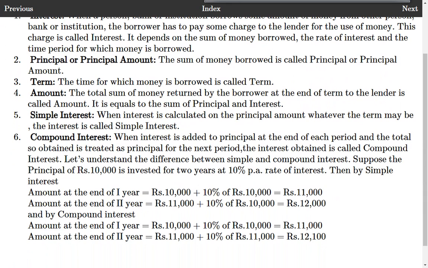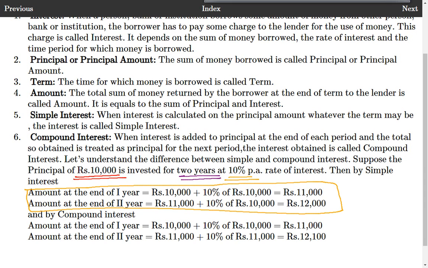Suppose a person has invested the amount of rupees 10,000 for 2 years at 10% per annum rate of interest. Then by simple interest, what will be the amount at the end of first year?